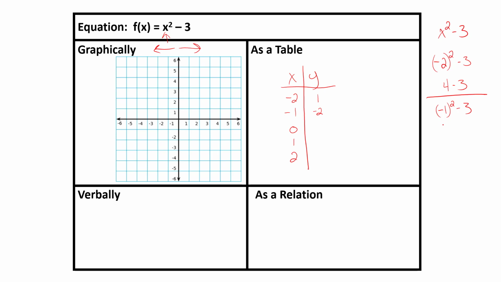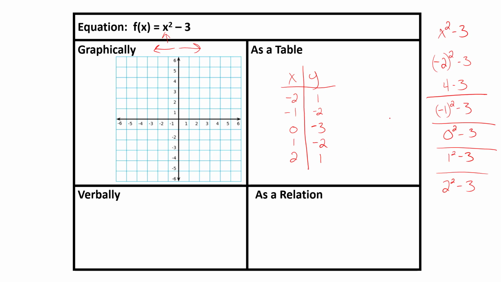All right, let's plug in a 0. 0 squared minus 3. 0 squared is 0. Minus 3 is -3. All right, let's plug in a 1 squared. 1 squared is 1. Minus 3 is -2. And lastly, let's plug in a 2 squared. 2 squared is 4 minus 3.